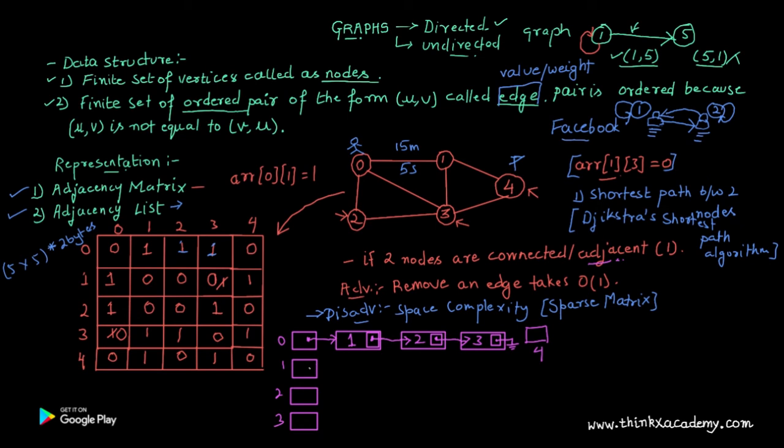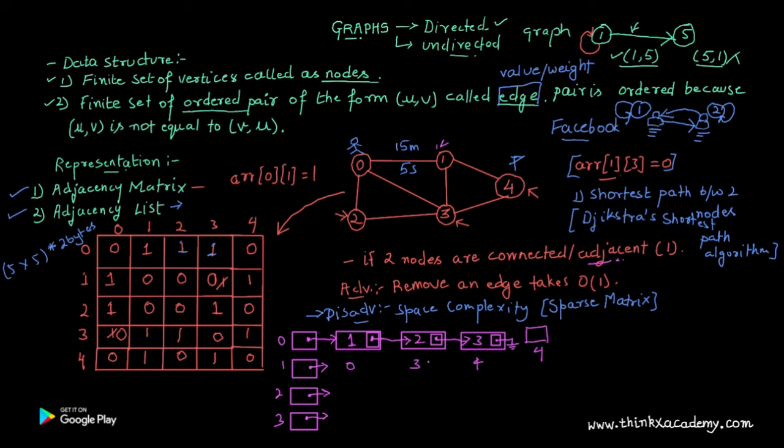So we're going to do the same with all of the nodes. We are going to create a list, and let's suppose 1 is the node that we are going to pick up, and we know that 1 is connected to 0, 3, 4. So we will create 0, 3 and 4.